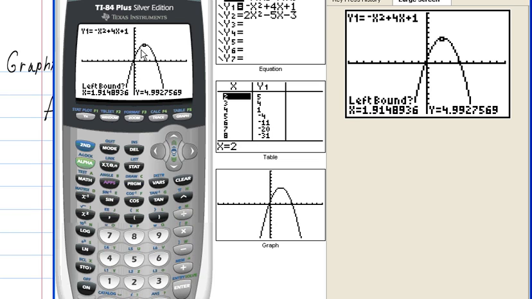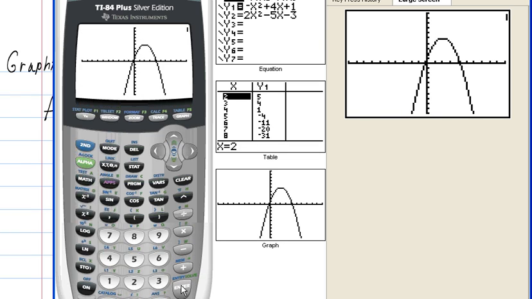But it's in this area, and it's asking for a left bound, so I use my left arrow to get my cursor to the left side of that max, and press enter. Then it asks for a right bound, so I use my right key, pass it up, be on the right side of that high point, and press enter. It'll always ask if you want to guess, but no, we just press enter and let it tell us exactly.